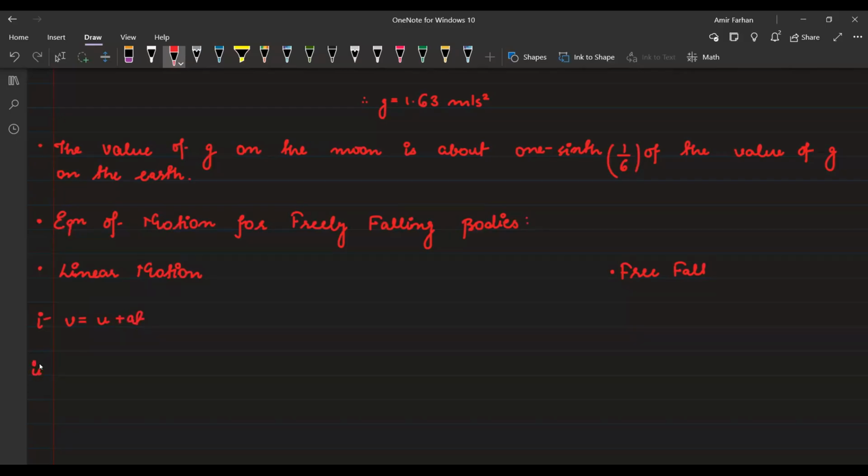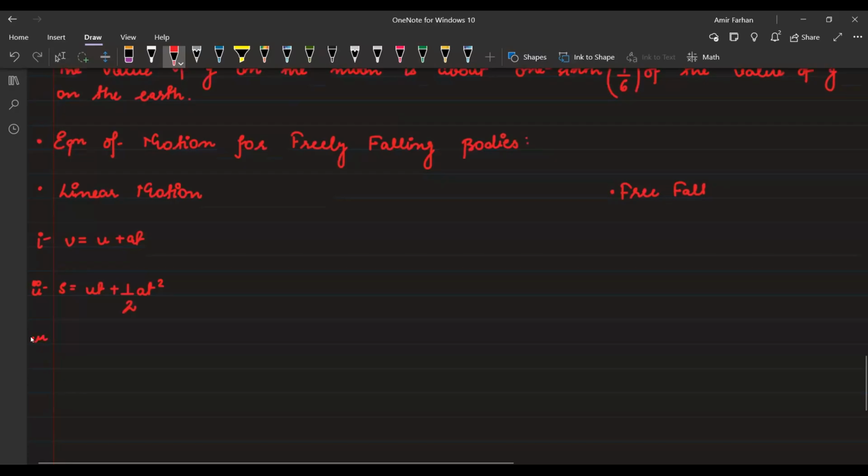Second is s equals ut plus half at square. Third is v square minus u square equals 2as. So these were the three equations of motion. Yes or no, everyone? Yes, sir. Okay, that's good.